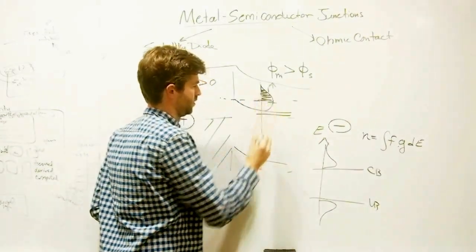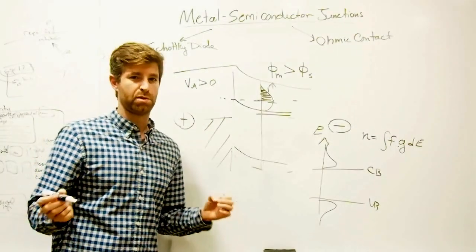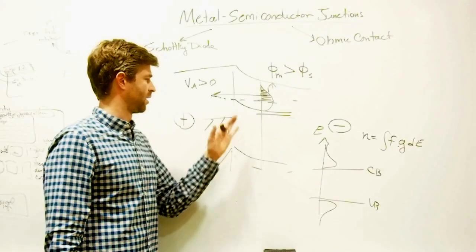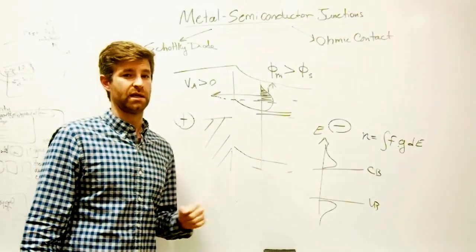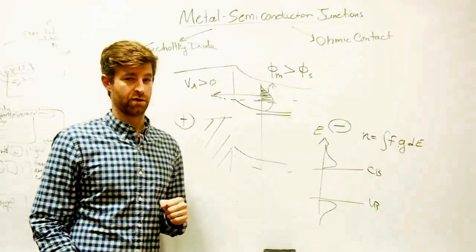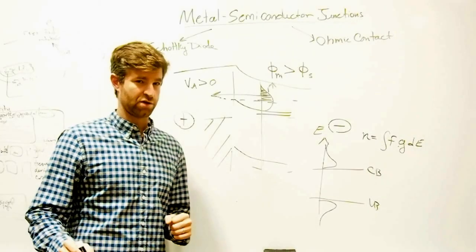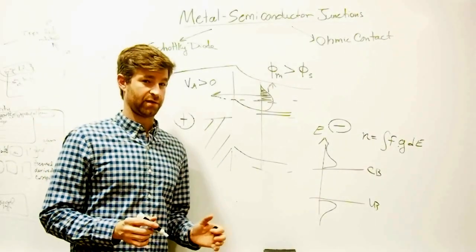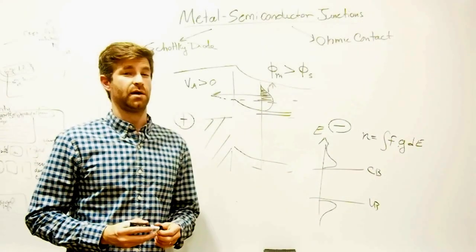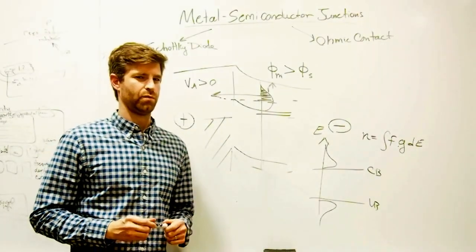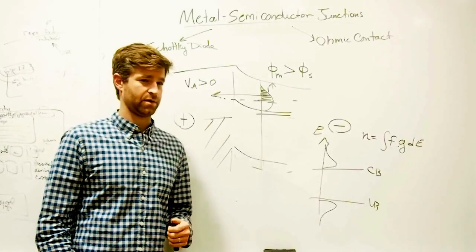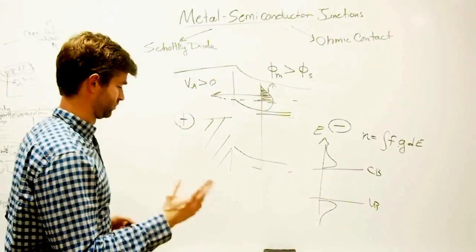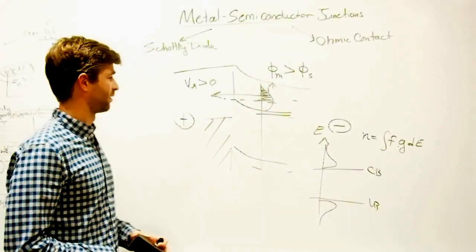Now, without that barrier there, and with an applied electric field, carriers will pass through the metal semiconductor junction unimpeded. This is called thermionic emission current. There's a derivation for it to get the diode equation for a metal semiconductor contact, or a Schottky diode. It's a pretty long derivation. If you wanted me specifically to do it, you just write it in the comments, and I can derive that in probably like 30-40 minutes.